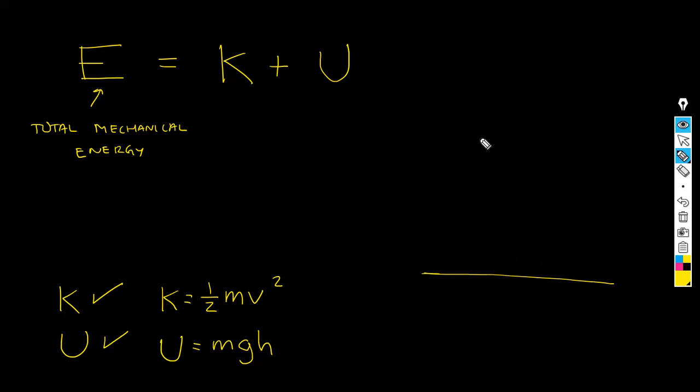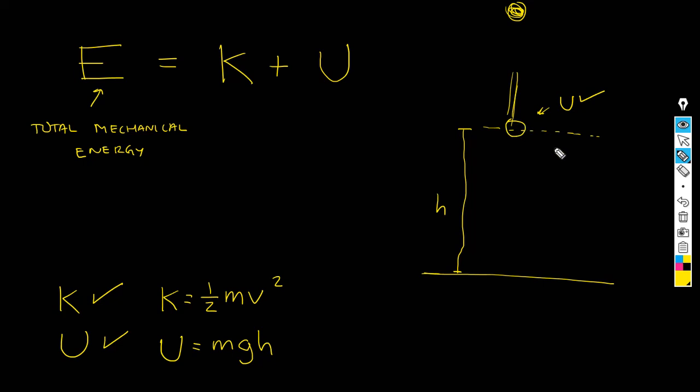This is the ground, and you have a ball that is already falling down. It went from, let's say, this position at rest, and it started to fall down. Right here, pay attention to this position: the ball is at a certain height above ground, so it does have potential energy, and it's also going down.